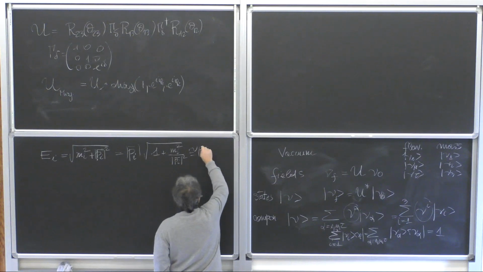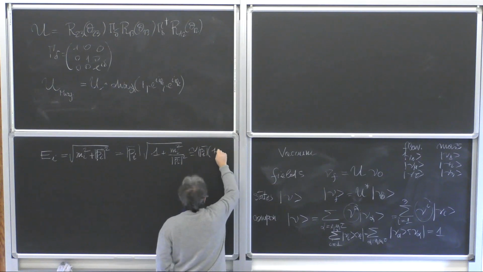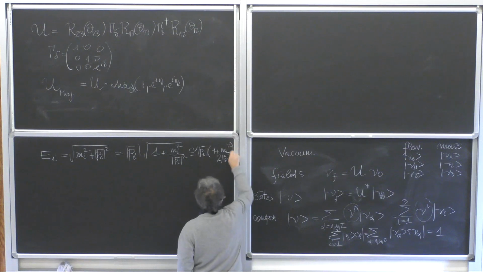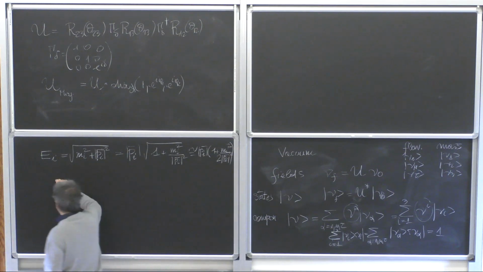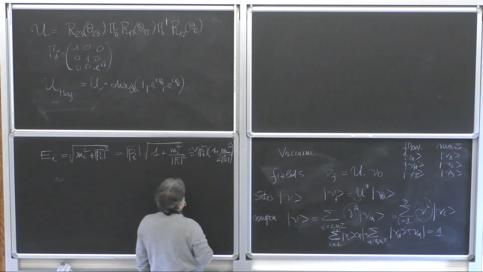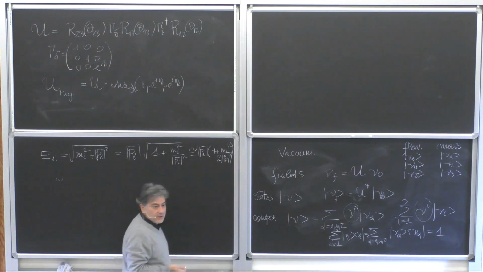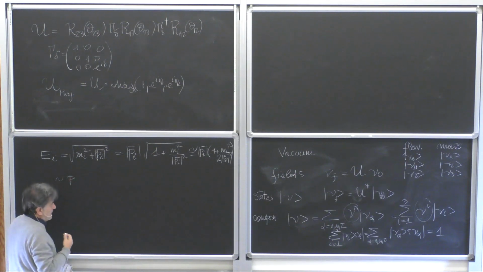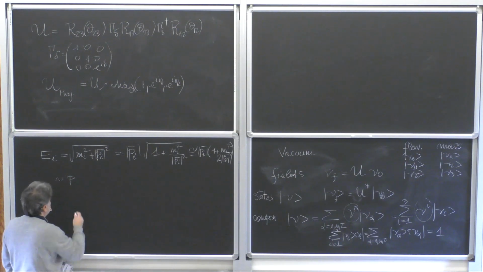which is roughly P times 1 plus mi squared divided by 2 P squared. Since masses are very small, we will always do what is called the equal momentum approximation.